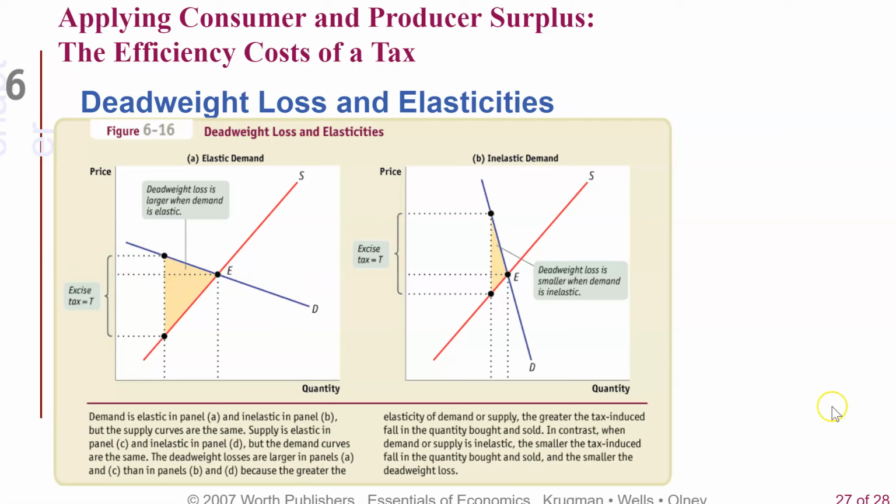Now, if we go to the graph on the right here, looking at inelastic demand, if demand is much more inelastic, and supply is essentially upward sloping just like it was over here, notice when demand is more inelastic, people are willing to pay more because they have to have the good. It's not perfectly price inelastic, but it is price inelastic.